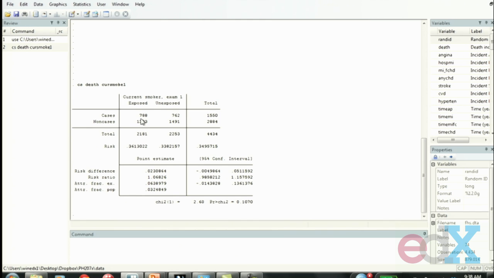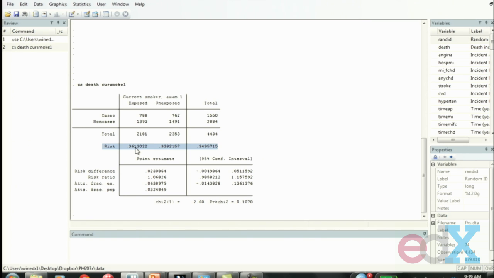So we can see that among our smokers, we had 788 deaths. Among our non-smokers, we had 762 deaths. Now to find the cumulative incidence, we just go right below this table to this row here that's labeled risk. The first number shows us the risk in the exposed group, and the risk in the exposed group is 0.361.